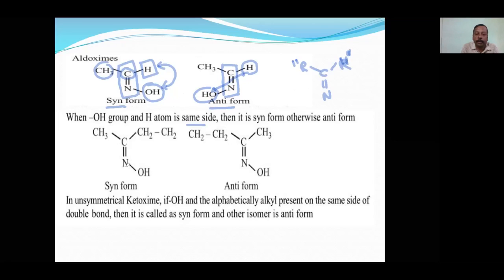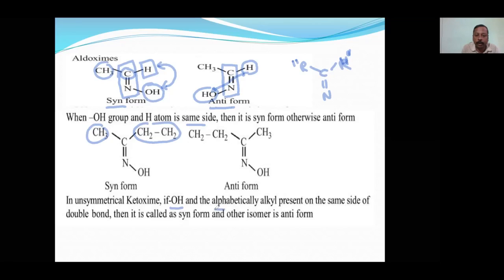Now I told you in ketoxime it is possible only if it is unsymmetrical, like here we have seen a methyl group and an ethyl group. What do we do in unsymmetrical ketoxime?